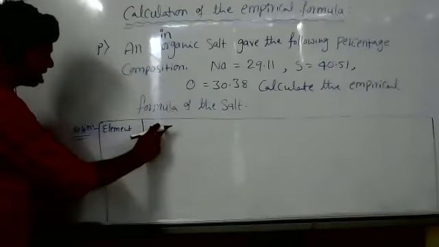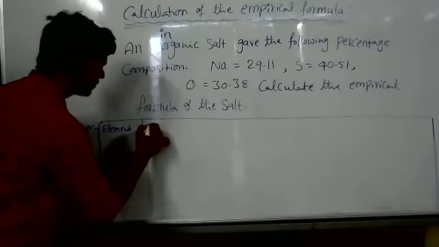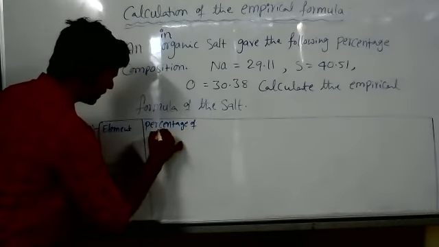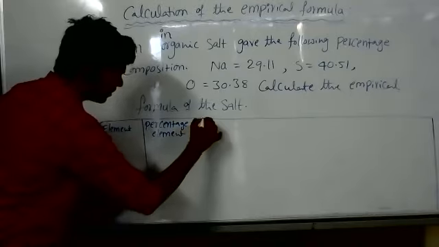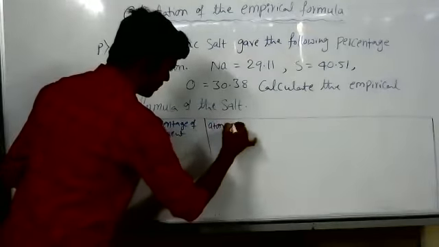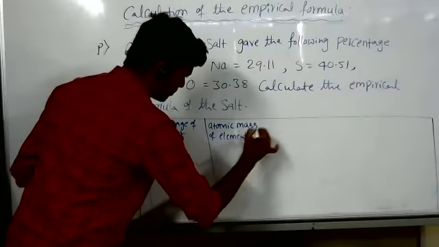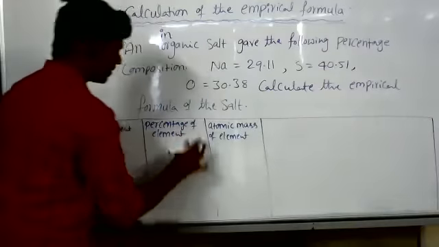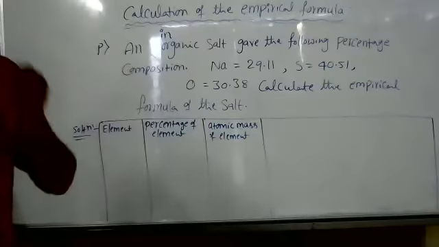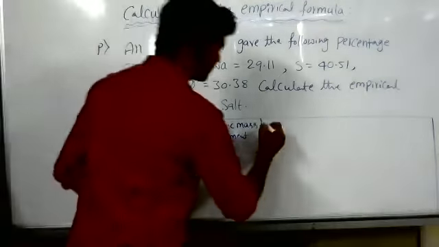Element. Then the percentage of element. Next column, atomic mass of element. You can take even molar mass also to get the number of moles. Next, number of moles of element.